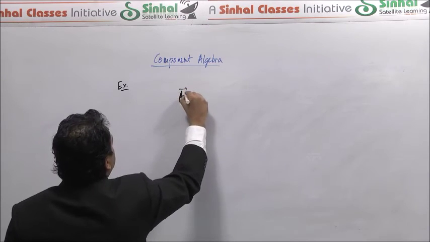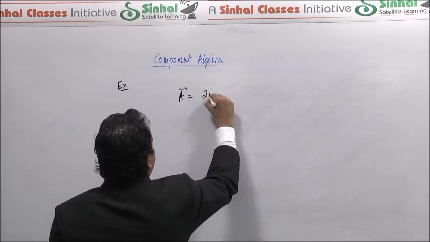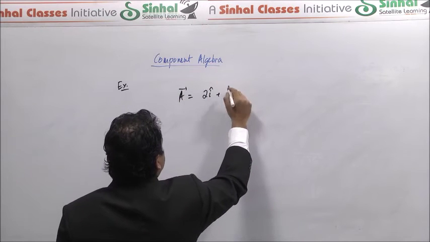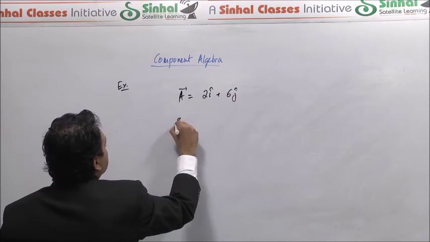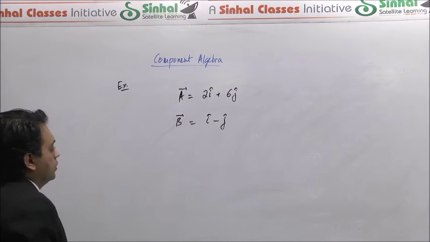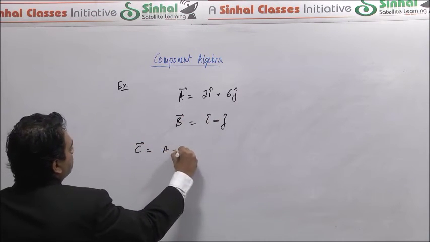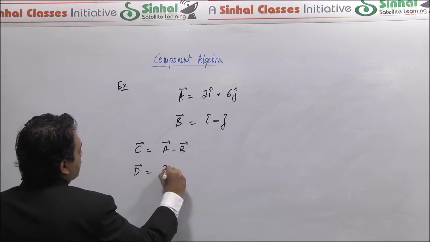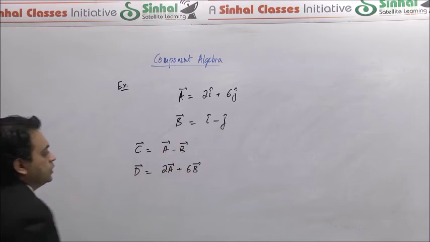The vector A given to us is 2 i cap plus 6 j cap, and the vector B given to us is i cap minus j cap. Let's say C is defined as A minus B and D is defined as 2A plus 6B.